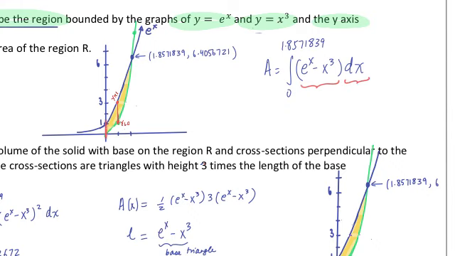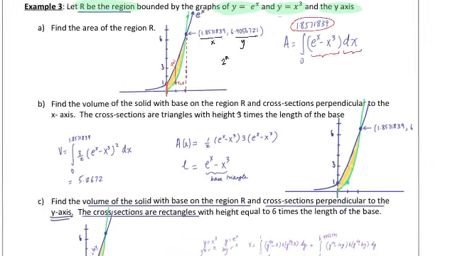I'm integrating with respect to x, and x starts here at x equals 0, and it's going to end here at x equals 1.8571839. We got this intersection point, the x value and the y value, out of our calculator by doing second trace, and then, of course, the intersect function.